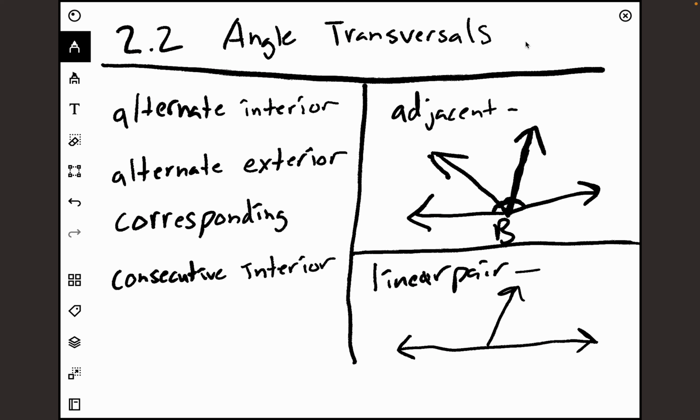So they are on the same straight line. They have the same vertex right here. They share this common side. And those two angles are going to be supplementary. So you'll see linear pair as well today. What was the rest of it? It's two adjacent angles that add up to equal 180. That's what makes a linear pair.